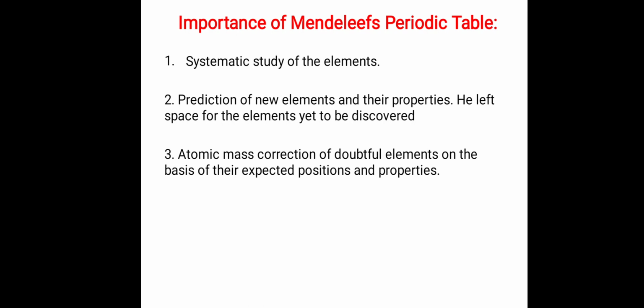Some importance of Mendeleev's periodic table: the systematic study of elements. The second one is prediction of new elements and their properties. He left space for the elements yet to be discovered. Atomic masses, corrections of doubtful elements on the basis of their expected positions and properties.